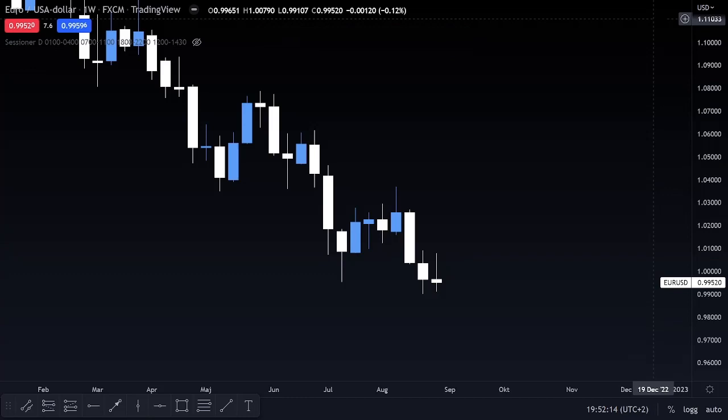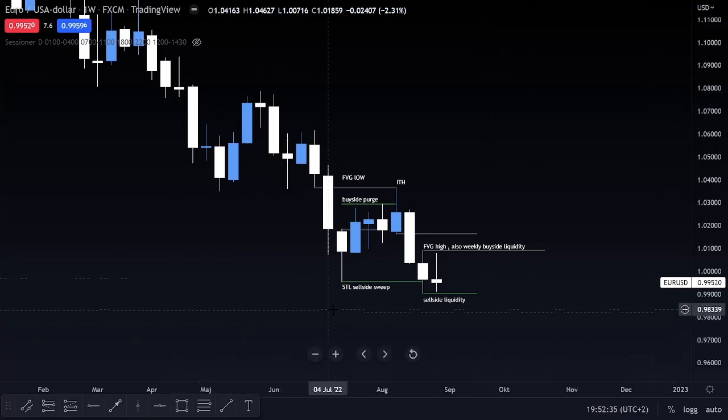Based on the information the chart shows us here, we can identify some important stuff going on. So I'm gonna show you that. Price is creating a low here, a short-term low. Coming up from here, it trades aggressively lower, creating a fair value gap.